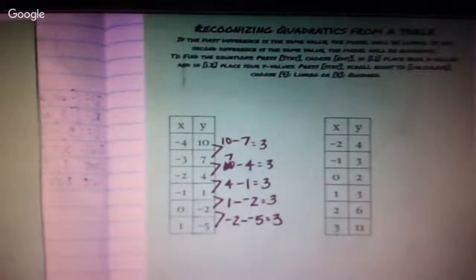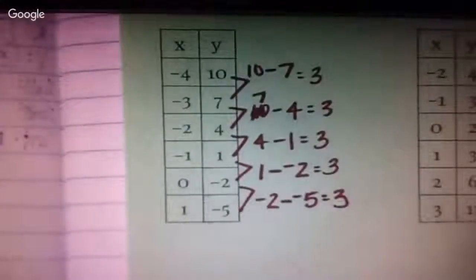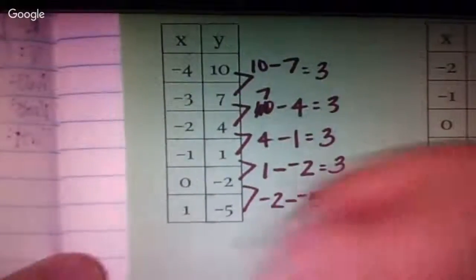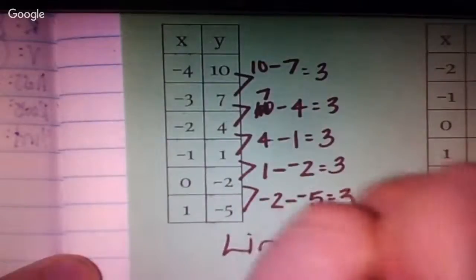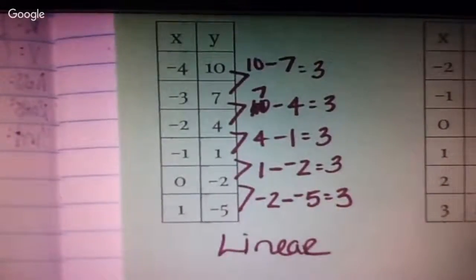Okay. That's my first set of differences. Are they all the same? Yes. So this is linear. If you would plot these, this would draw you a line.